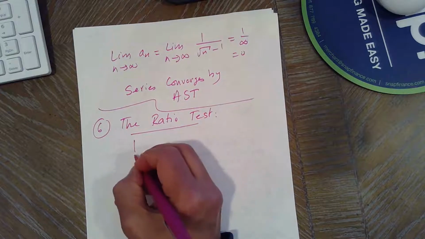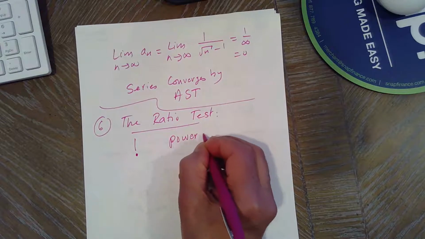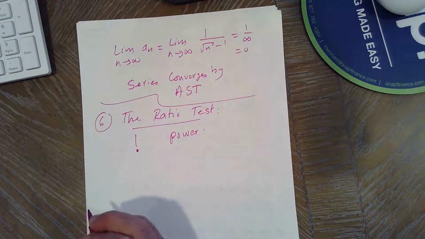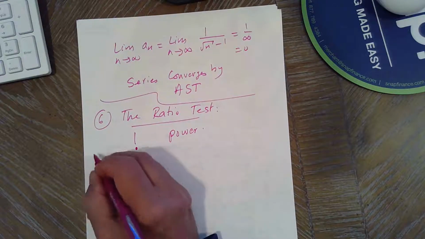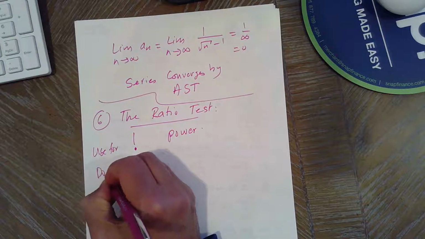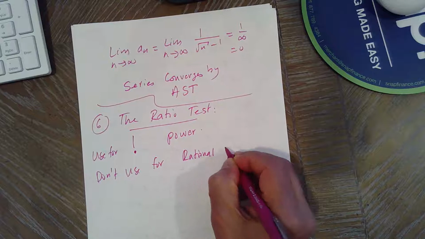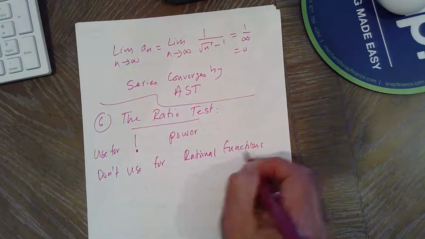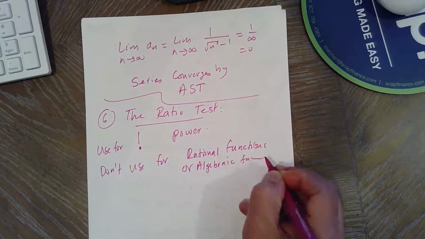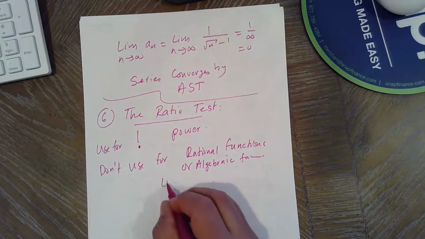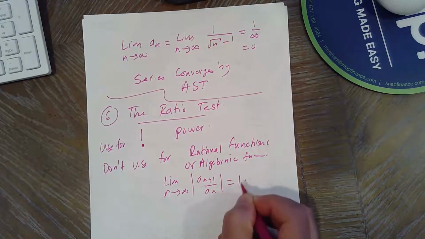This is good for factorials and expressions raised to a power. It shouldn't be used for rational functions or algebraic functions, like p-series and so on, because it's going to fail: the limit as n goes to infinity of an plus 1 over an is going to give you 1, and it fails.